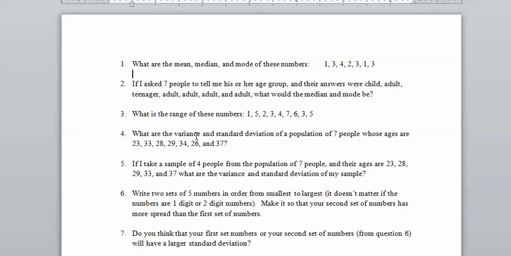It says, what are the variance and standard deviation of a population of 7 people who have these ages? Well, if it's a population, you have to use the formula for a population variance and population standard deviation.